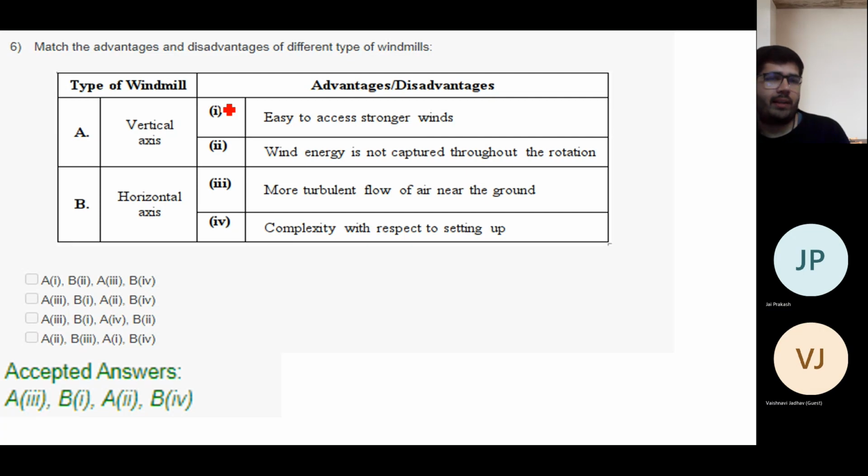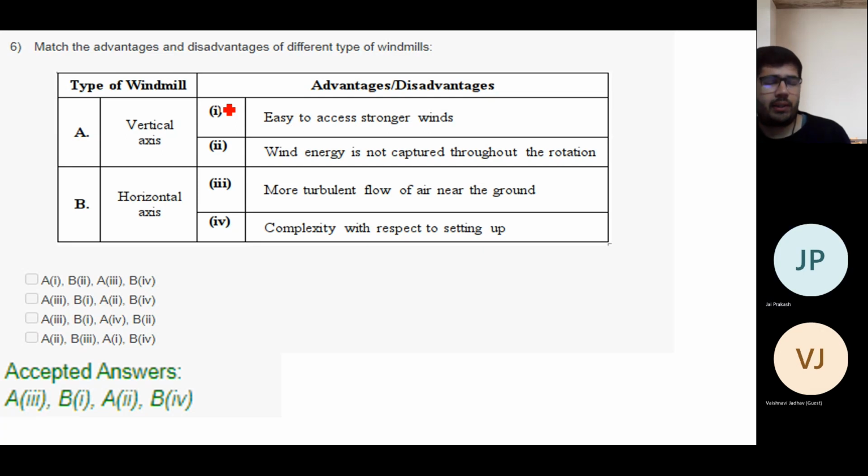So if you install the generator at the top of your wind turbine, the generator has huge weight, so you need a stronger tower. The height is very high, and at that height the wind velocity is also very high. So to support that weight and the drag force of that high wind velocity, you need a much stronger tower. That's why the complexity is there. On the other side, with the vertical axis wind turbine, the generator is at the bottom, so there is less complexity. This is the major difference.